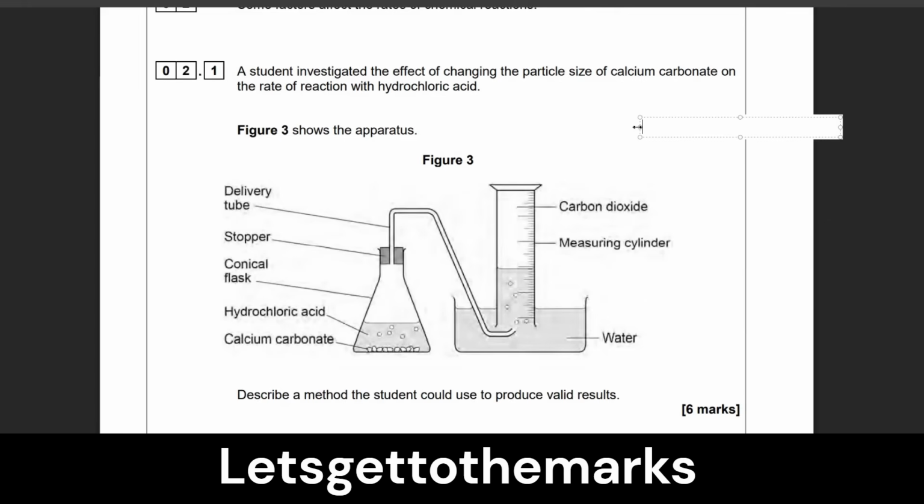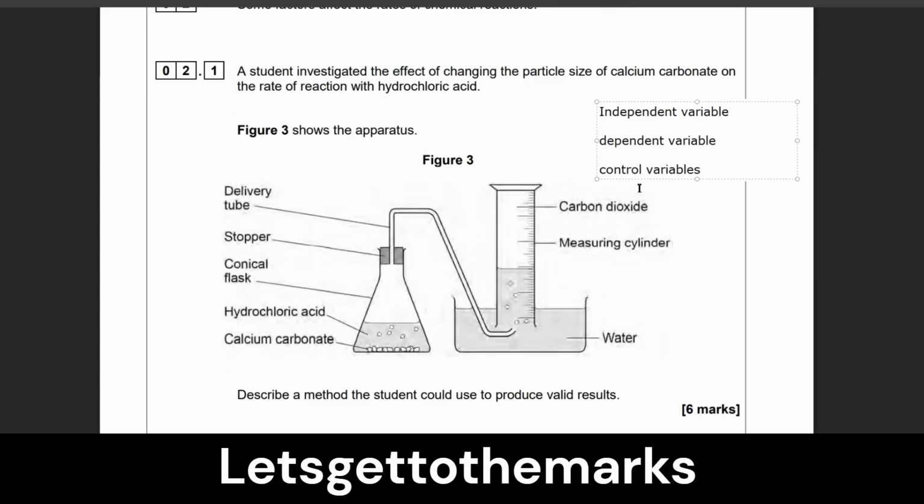If it's open-ended and not specific, and you need to take valid results, there are 3 main things you want to break your marks down into, and they are the independent variable, the dependent variable, and the control variables.